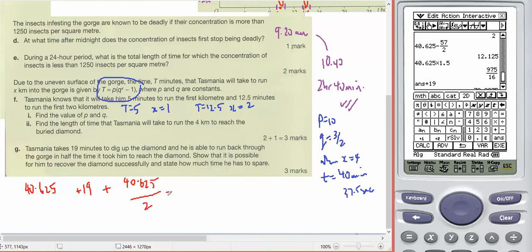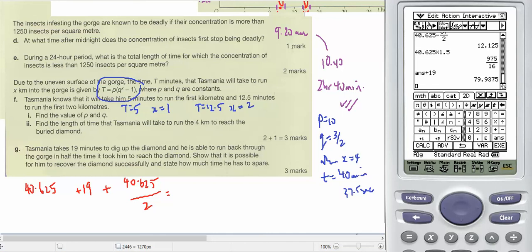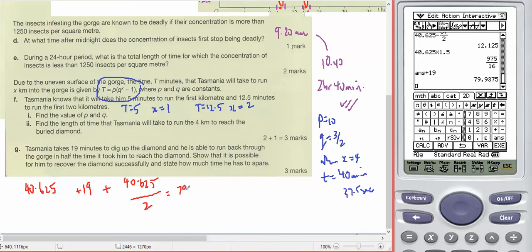So that gives him an answer of 79.9375 minutes to run in the 4 kilometres, dig for 19 minutes, run out the 4 kilometres.